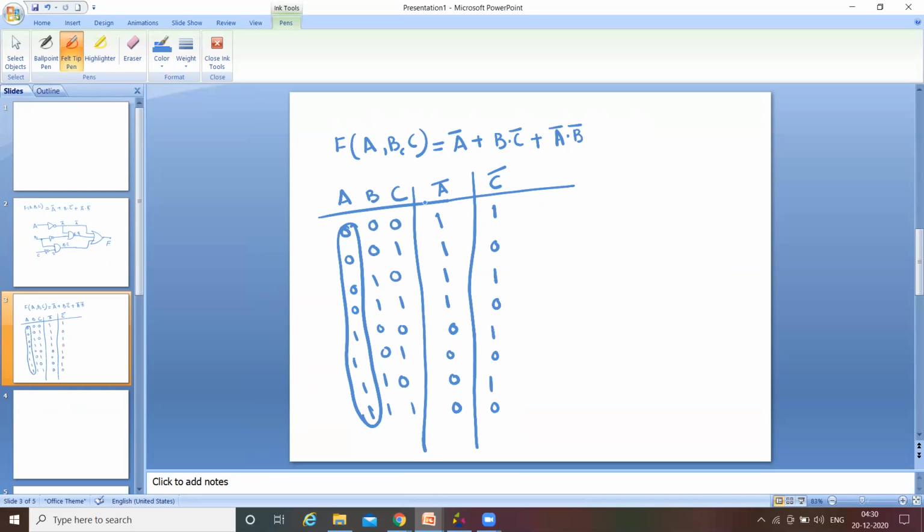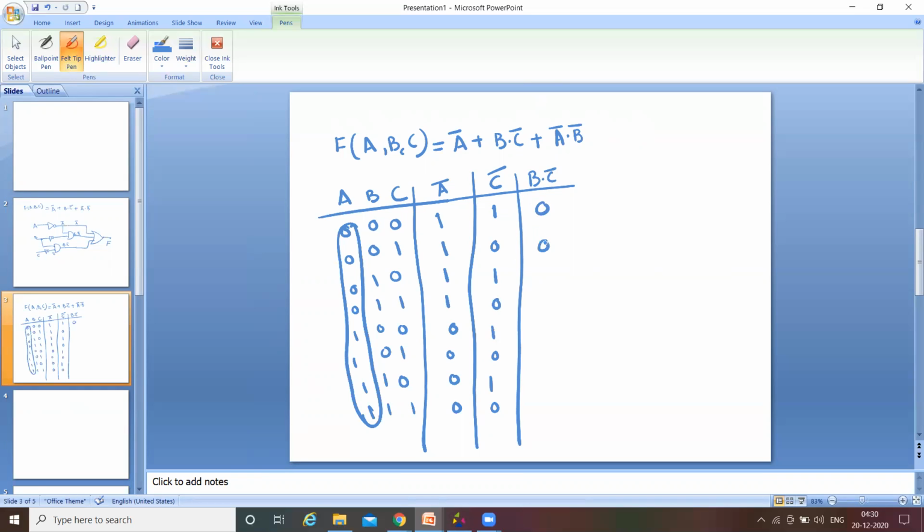Now we have B and C bar, and the AND operation gives 1 only when both are 1. B is 0, C bar is 1, so it becomes 0.